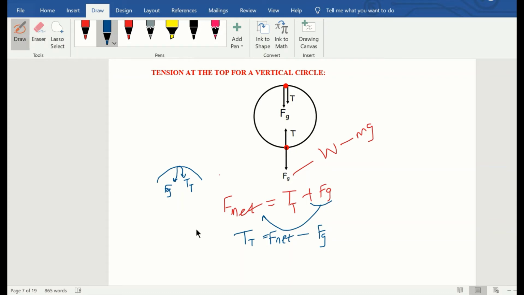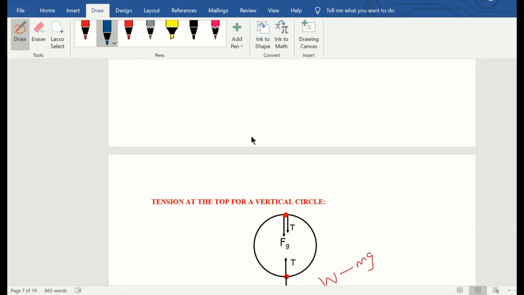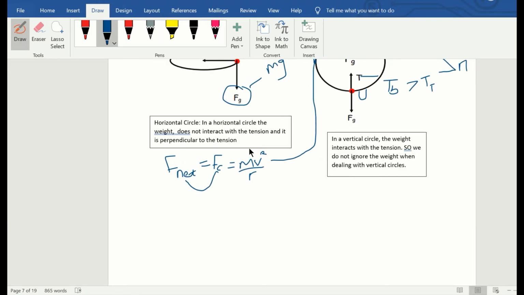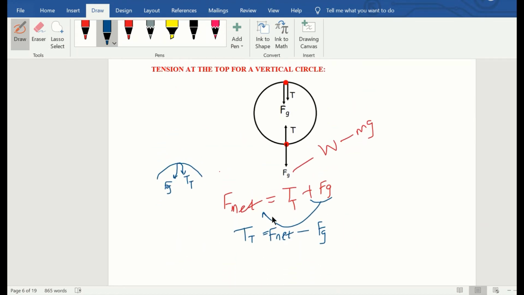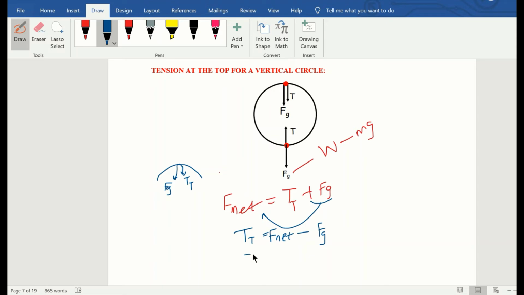So therefore, I can log in my data, and please remember that our net force is equal to mv squared over r. All right? Our net force is equal to mv squared over r. So therefore, I can say that my tension at the top is equal to the net force, which is m, the mass, times the speed squared over r, minus the weight, which is mg.